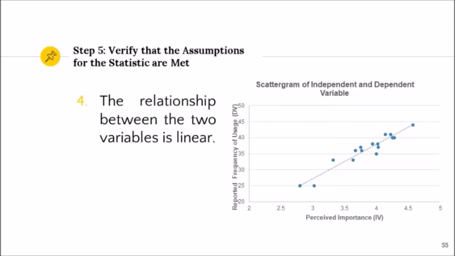From looking at the scattergram, one can clearly see that the line pattern follows, although not perfect, a moderately positive correlation. Thus, because all of the assumptions were met, Pearson's R is the correct statistical analysis to use.